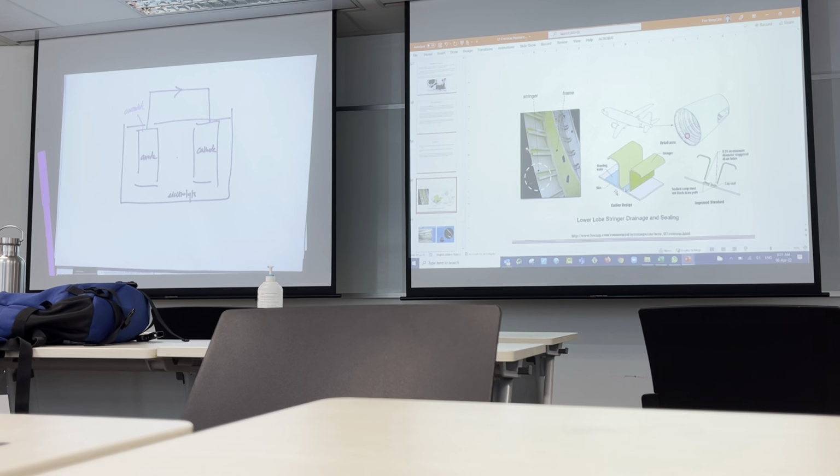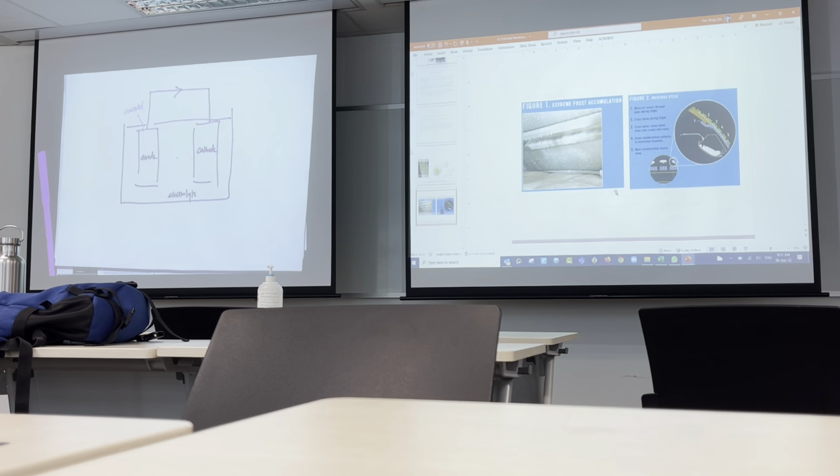If you look at the four things, basically you want to prevent electrolyte from being there. Even for aircraft, the relative humidity inside is deliberately made low. That's why it's very uncomfortable. You feel dry, but if you made it comfortable, the aircraft would be in trouble.